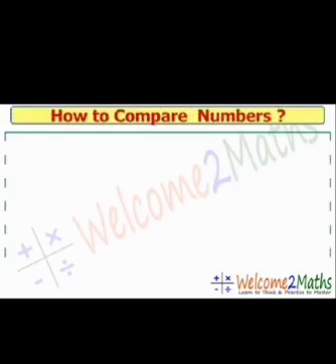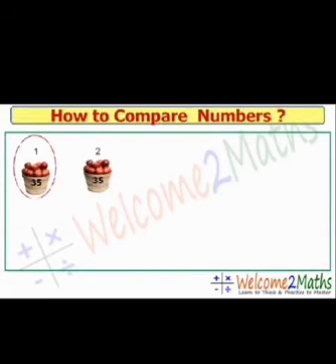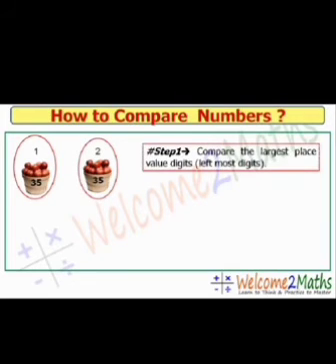Now let's go to the next example. And here in number 1 basket there are 35 apples. In number 2 basket there are 35 apples. So let's see step number 1. Compare the largest place value digits, and here the numbers are the same, 3 and 3. So let's go to step number 2.